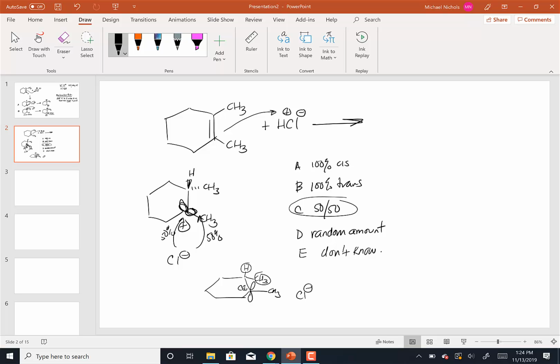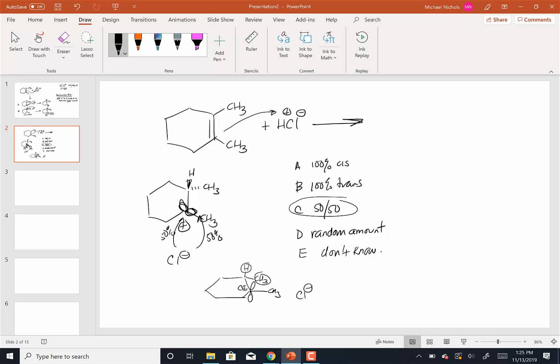And the addition to that carbocation is SN1. So if this was a single chiral center, you would get a racemic mixture. You would get both R and S, 50-50. Okay. Does that make sense?